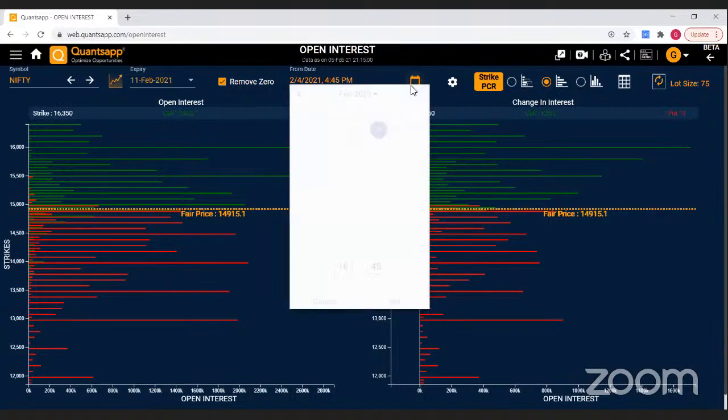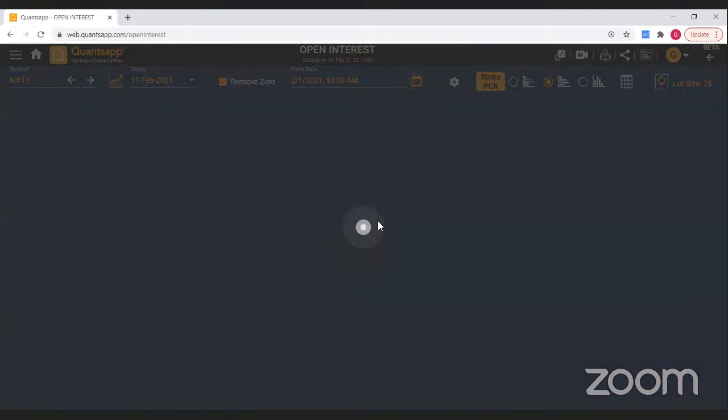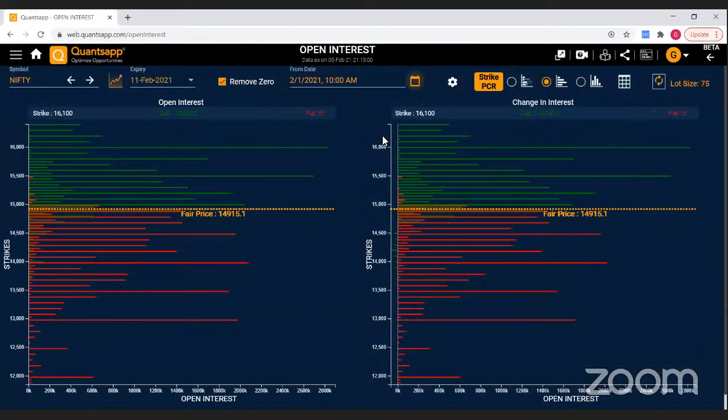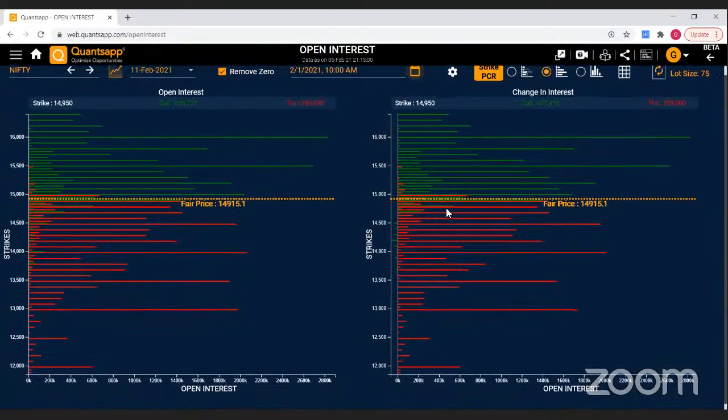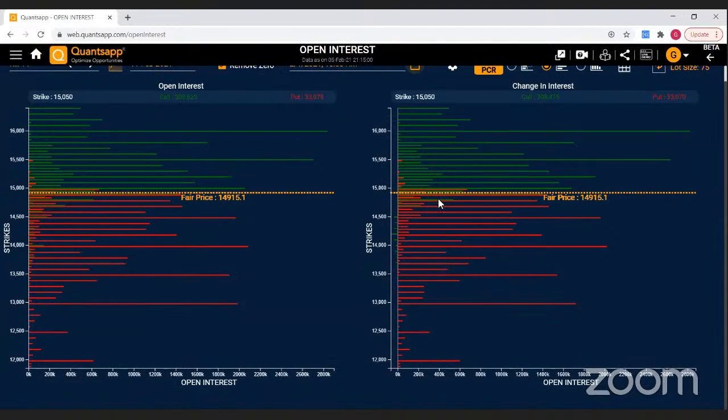Now I want to see from a particular period of time. I want to see from 1st of Feb, from 10 a.m. And why I'm doing so, because this week we had the budget, so I want to see what happened after the budget.